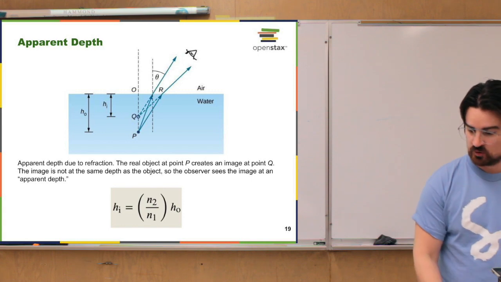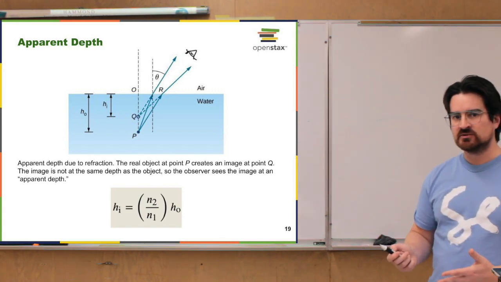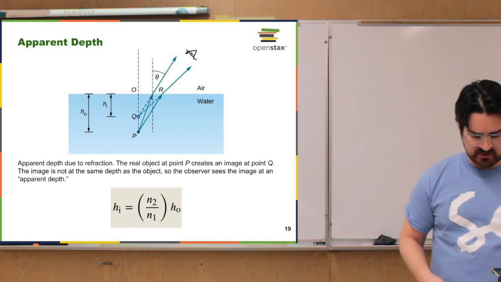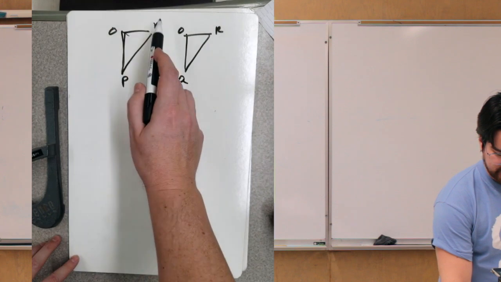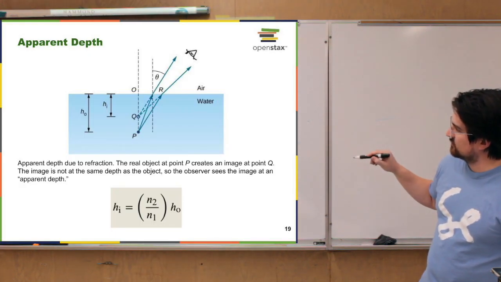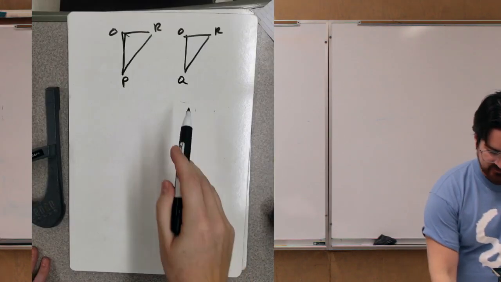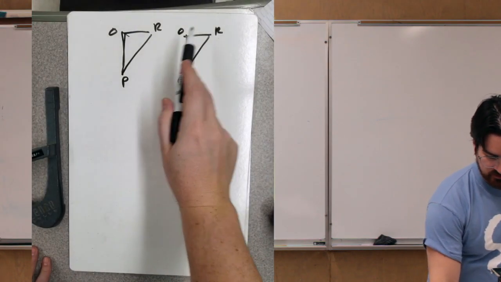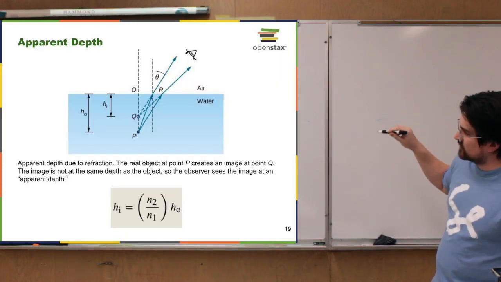Mostly what we're going to need to look at are, again, more triangles, a lot of trigonometry. Particularly, the triangles we're going to consider are triangle P, O, R, from the originating point P, and then the triangle Q, O, R for the image point.